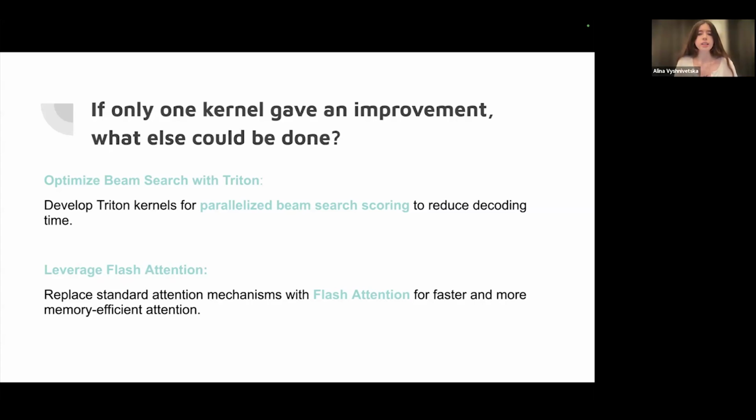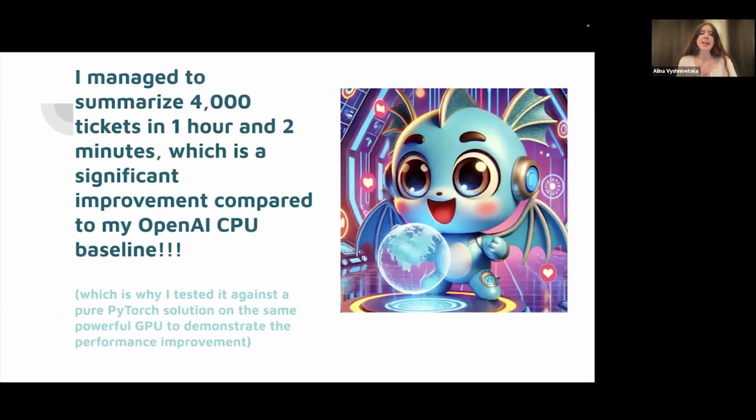Yeah, thank you. And you can also introduce flash attention instead of multi-head attention. We all heard about attention. Maybe it's special for my model, but flash attention is already introduced in some models on Hugging Face, so you can just go straight into it. So I managed to summarize 4,000 tickets in 1 hour and 2 minutes.